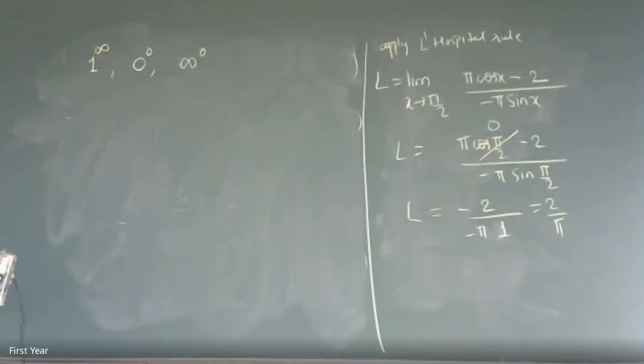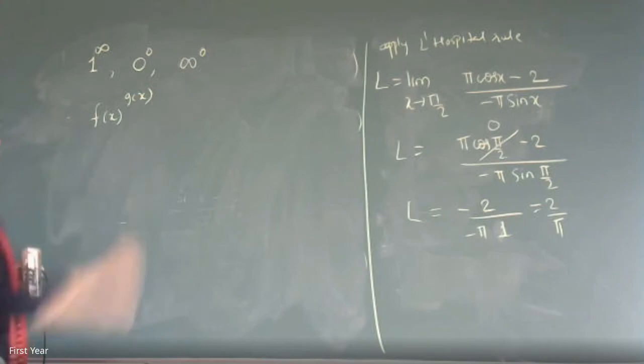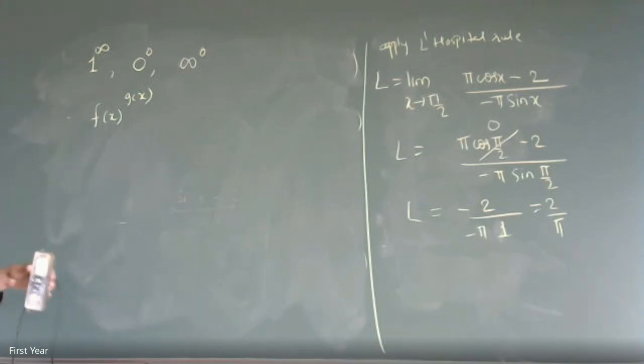Now, can I apply L'Hospital rule directly to these forms? This is function raised to function, so it is f of x raised to g of x. I cannot directly apply derivatives. How do we find the derivative of such functions? Log and anti-log. Very good.